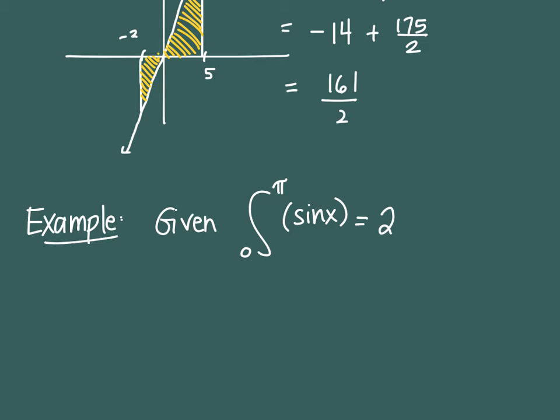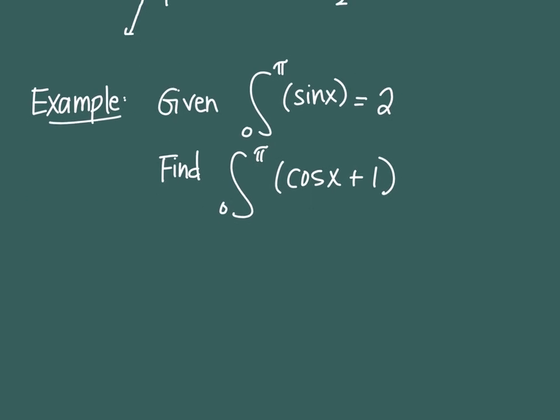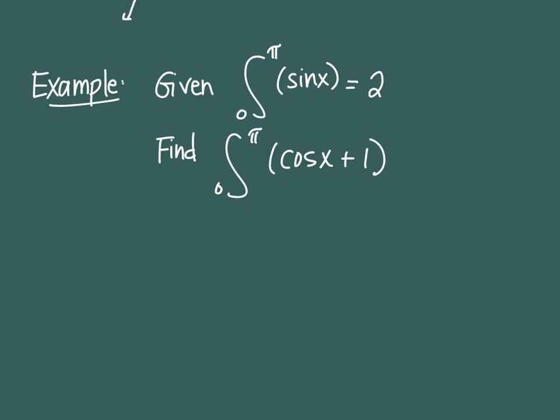And so then we need to find the integral from 0 to pi of the function cosine x plus 1. And again, we want to think of this geometrically. So consider what you're given. You are given the shape of sine, which we know looks like this, from 0 to pi.